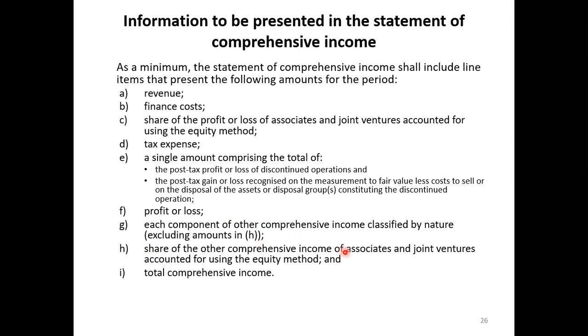share of other comprehensive income of associates and joint ventures accounted for using the equity method. So it's replicated, no? Not replicated. It's a share of profit or loss. This is share of other comprehensive income and total comprehensive income.